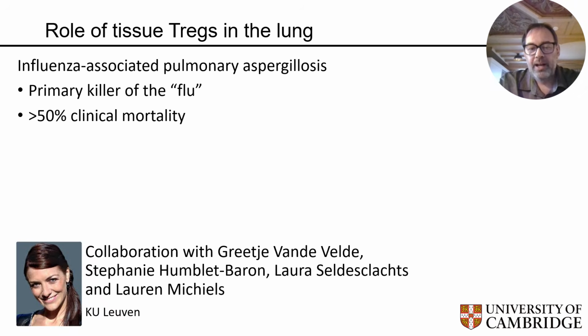When people are hospitalized with severe flu, the mortality is often not just driven by a flu monoinfection, but is really driven by this influenza aspergillosis co-infection, which is quite striking because Aspergillus as a fungus is a pretty harmless infection by itself, and it's only under cases such as flu infection or other immunodeficiencies where it becomes such a killer. But when you do have the co-infection, the mortality can be over 50%.